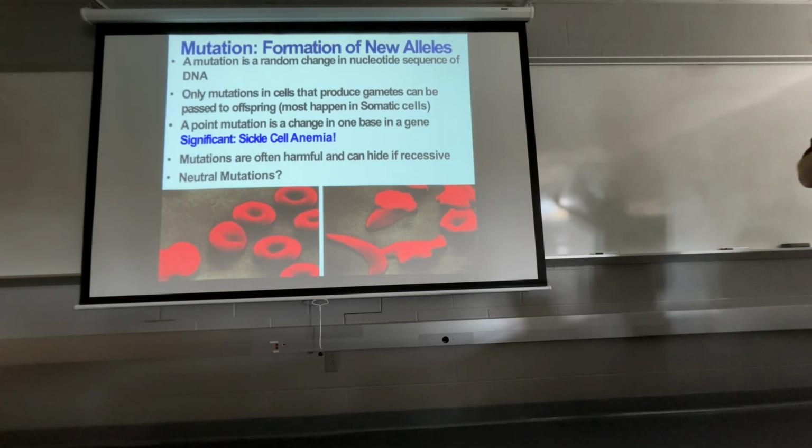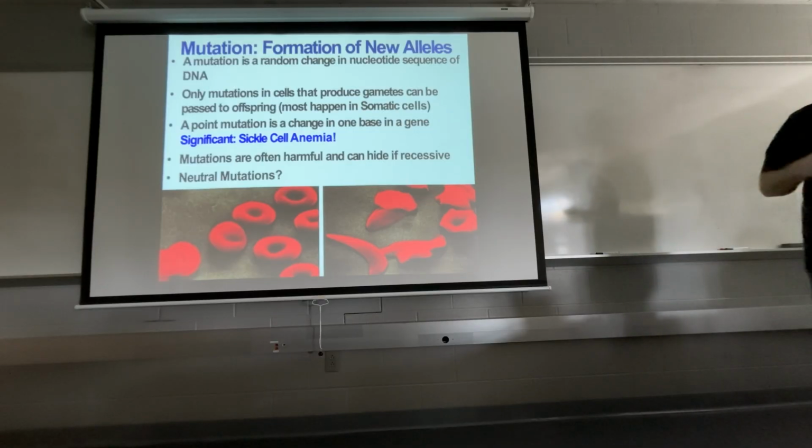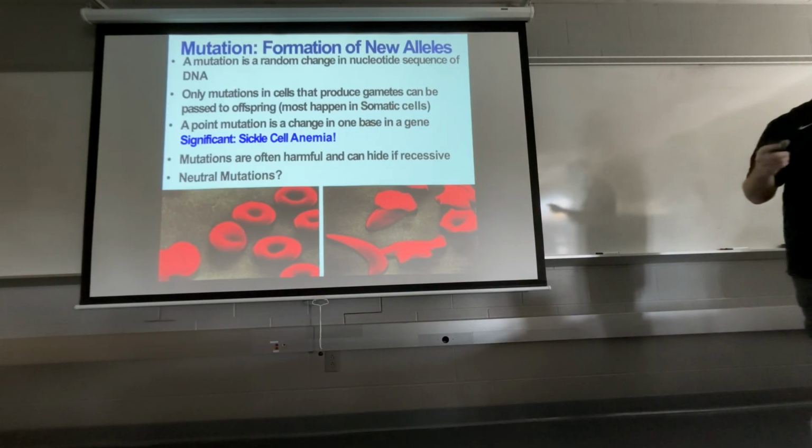But changing out one base for one and then changing out one amino acid for another makes you resistant to malaria. So it has a disadvantage, but an advantage in that you can survive malaria, much higher probability of survival with the sickle cell allele. Now, mutations that are harmful, like sickle cell anemia, often hide because they're recessive.